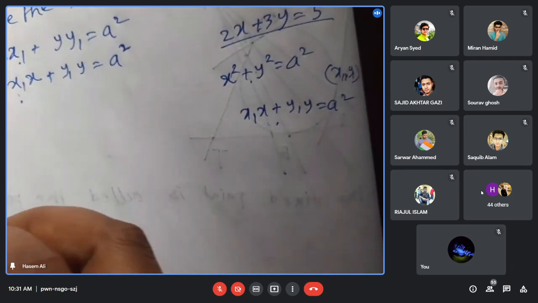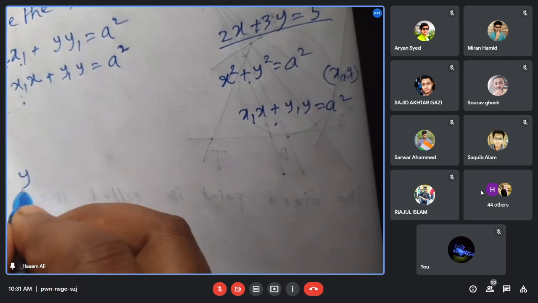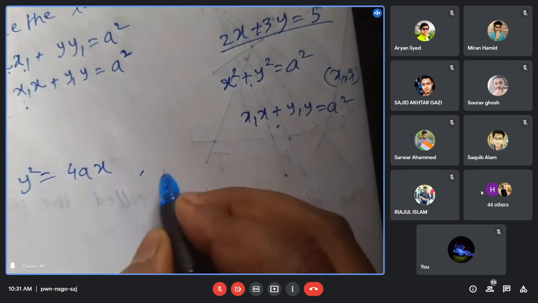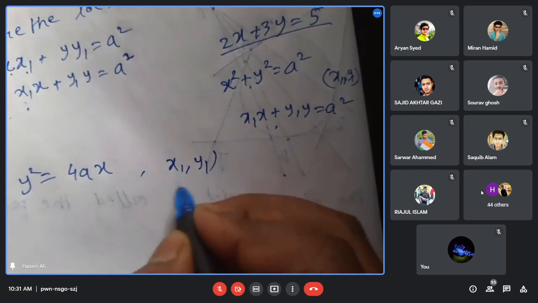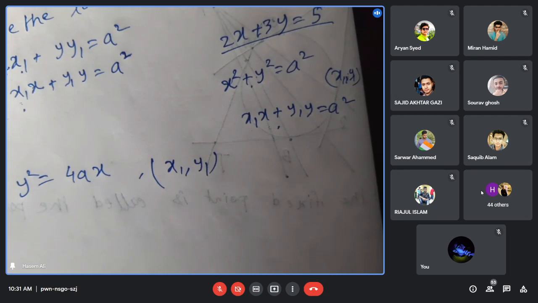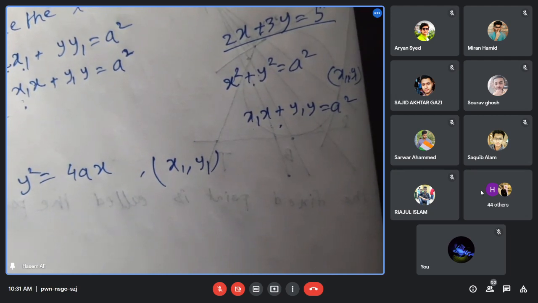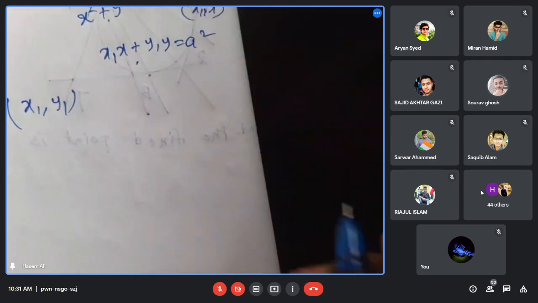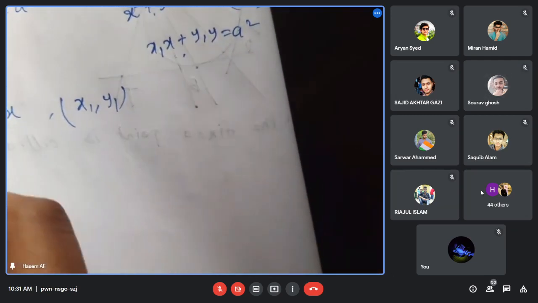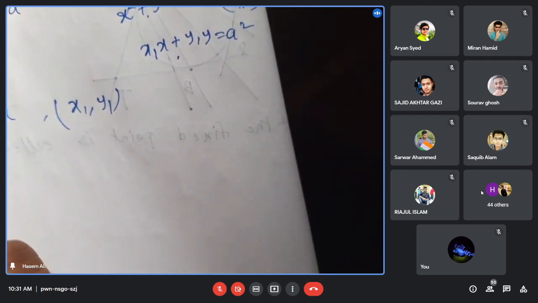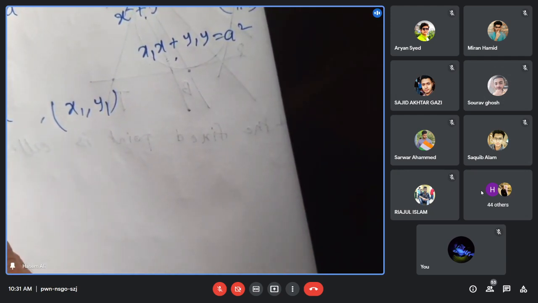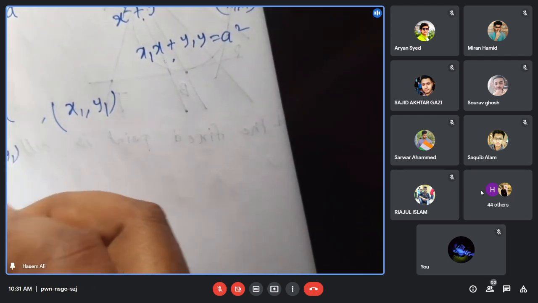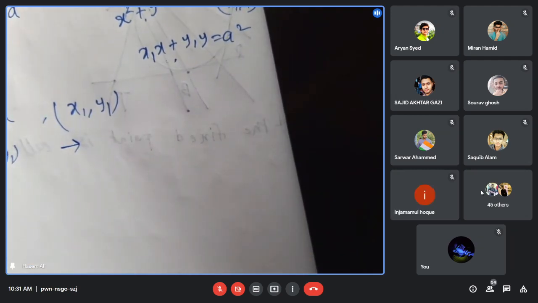That means if we consider the parabola y square equals 4ax with respect to the point x1 y1, then what is the equation of the polar? The polar will be just like our equation of the tangent.